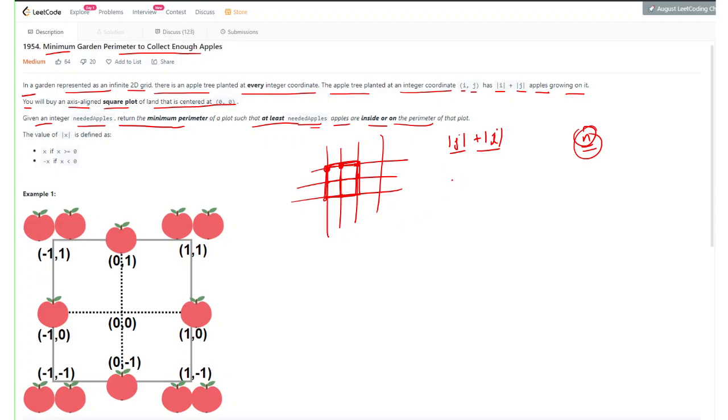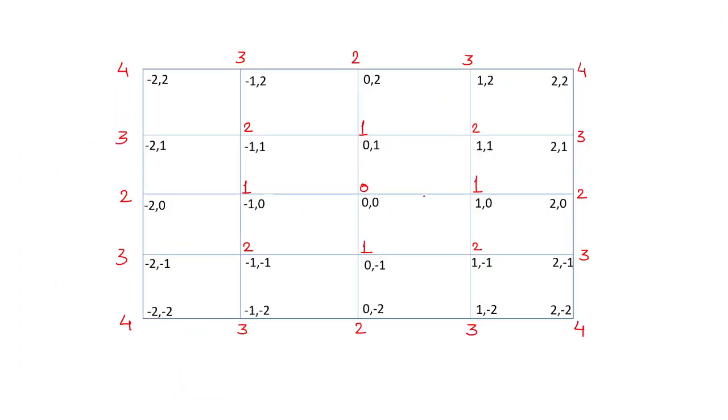Before approaching this, the code for this particular problem you will find in the description, and this solution that I'm going to propose is a bit mathematical, so stay attentive. Okay, so let's see here. Consider this is our grid, this is our origin, and in this problem we are going to discuss this with context to levels.